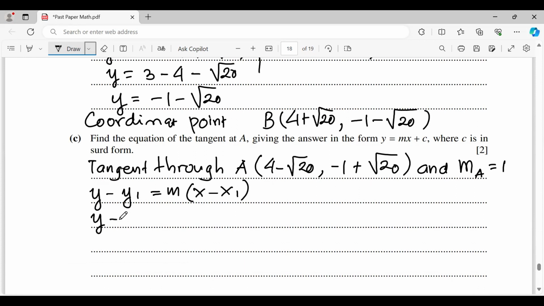This is x1 and this is y1. So y minus negative 1 plus square root 20 equals 1 times x minus 4 minus square root 20.